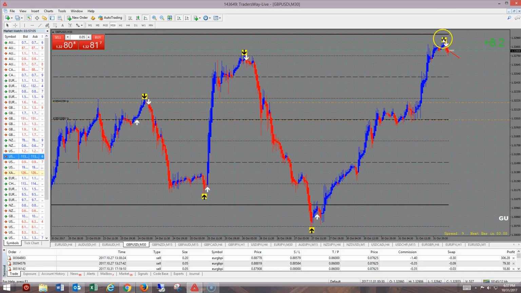And then here's the black arrow followed by the white one. So I actually entered this trade here. And the reason why I entered it is because of the signals. And then another key factor into determining if the trade is legit or not is this red little line here. Now this is the future price prediction.